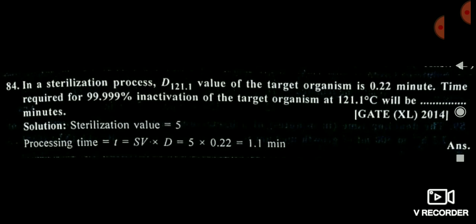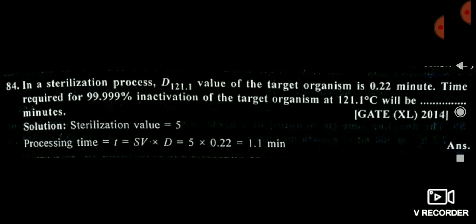You take the ratio of both, log base 10 of n-naught by n, and multiply with the D value, means decimal reduction time. Here the D value is 0.22 minute.